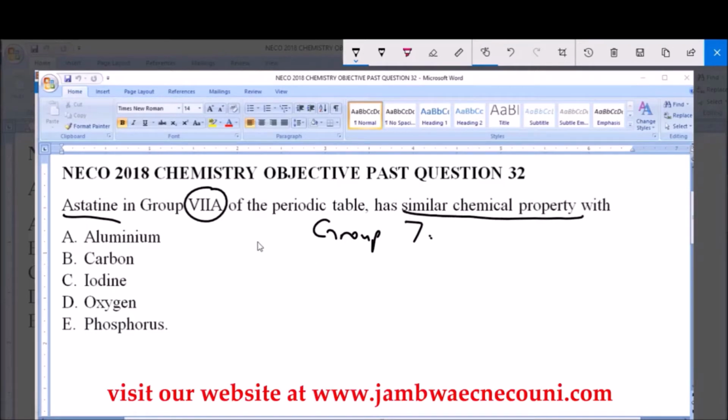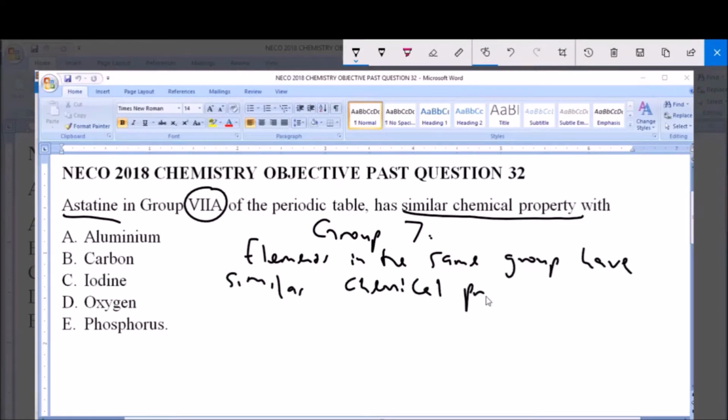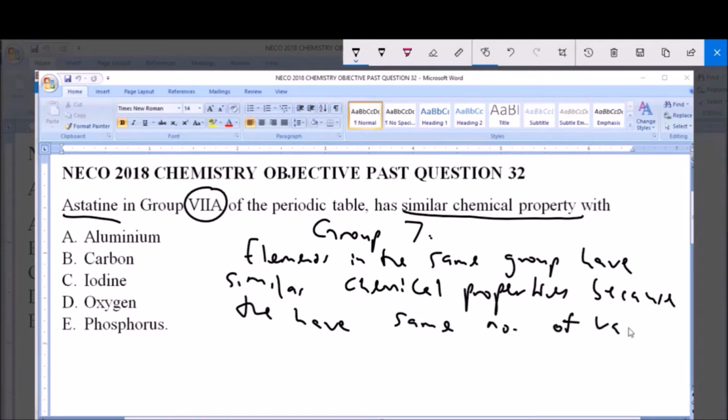Now the important thing to note is that elements in the same group have similar chemical properties because they have the same number of valence electrons. So this is why they have similar chemical properties.